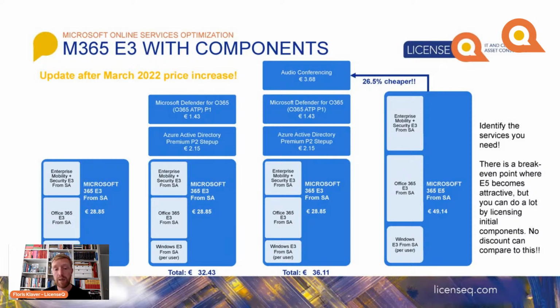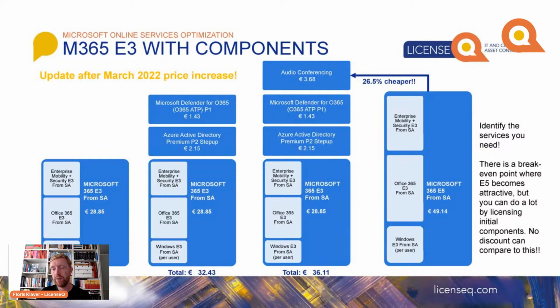And it might even be on the third column that you want to start with audio conferencing to give your users the functionality they need for dialing in and out of video calls, video meetings, so to say. You would still be 26.5% cheaper or better off than buying the full E5 suite. So it really, really depends on the functionality that you need.